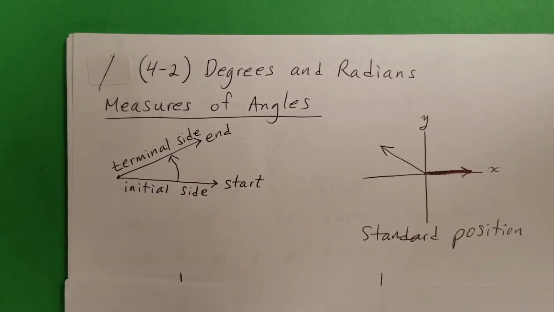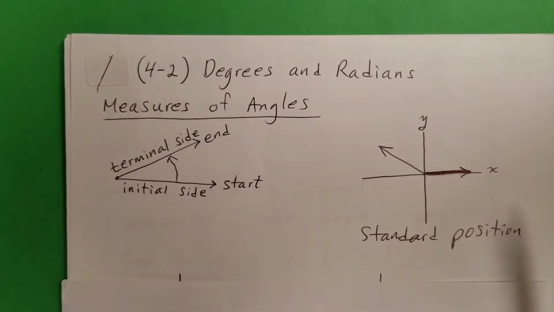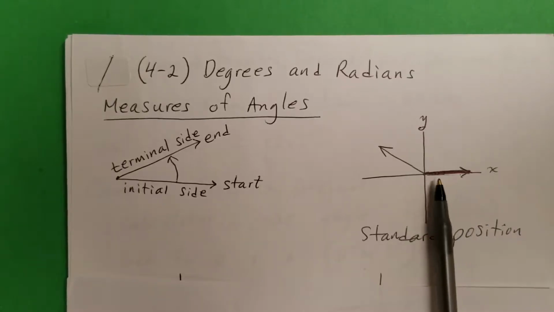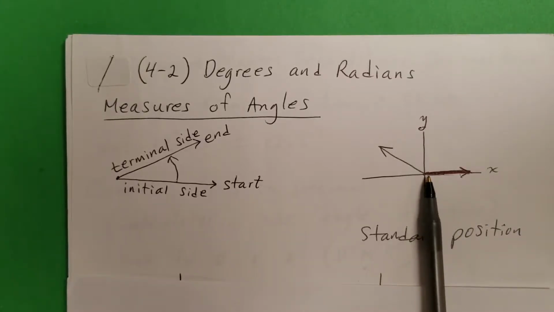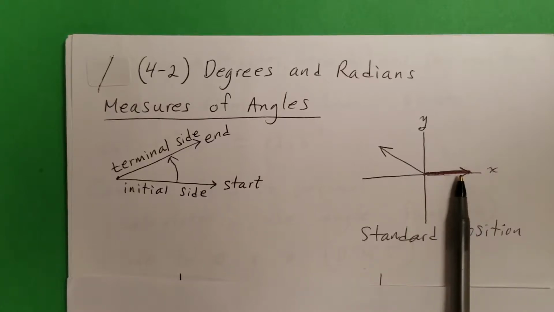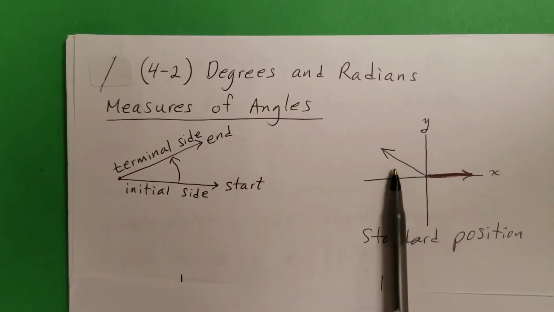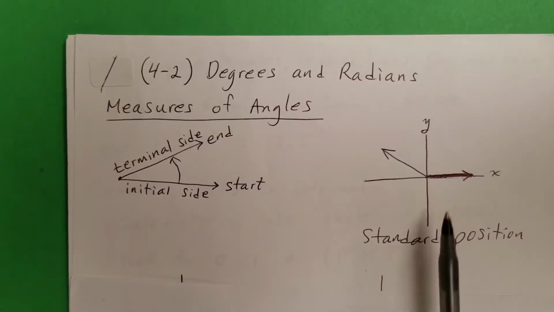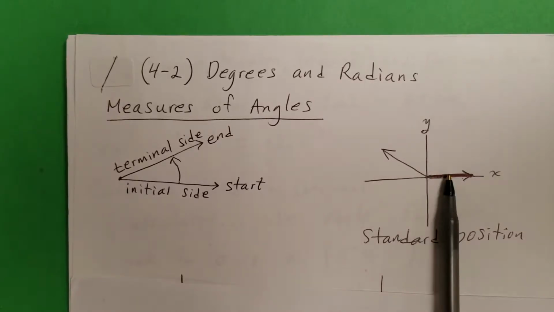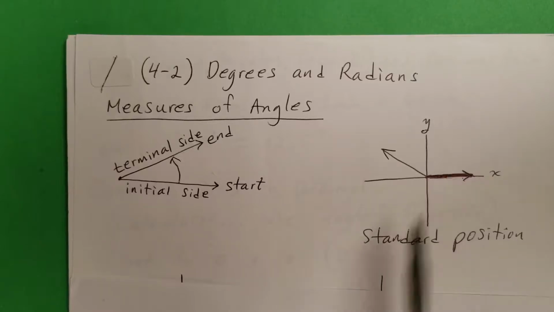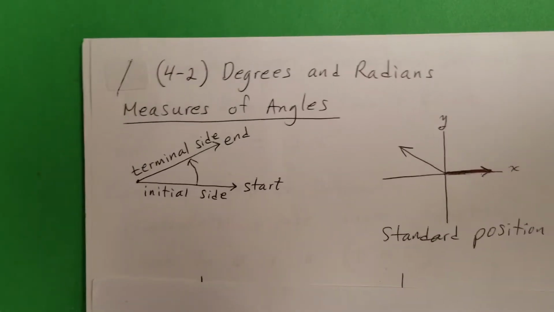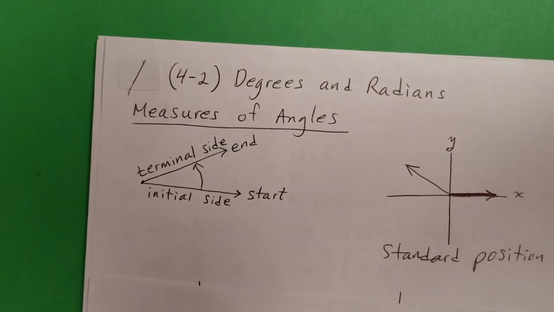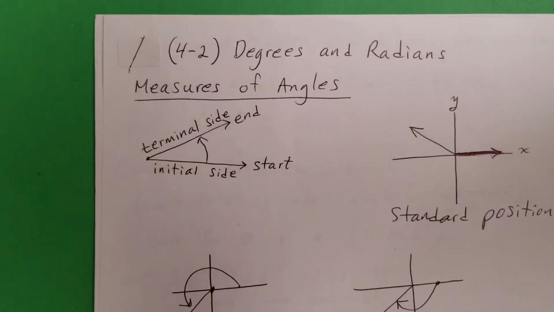And if we were to put that on a grid, a coordinate plane, we would start here on the x-axis and then go all the way around, okay? We call that standard position when you start here. That's called standard position, all right? So just keep that in mind when we see that word standard position.